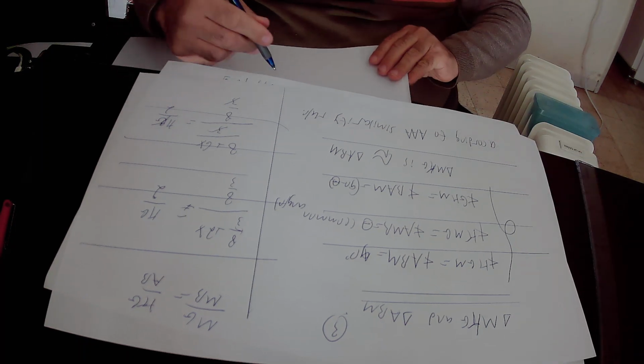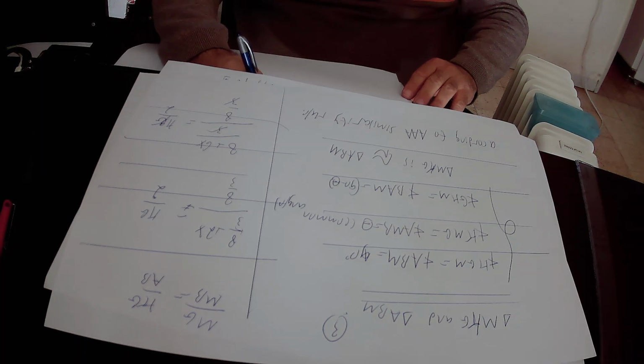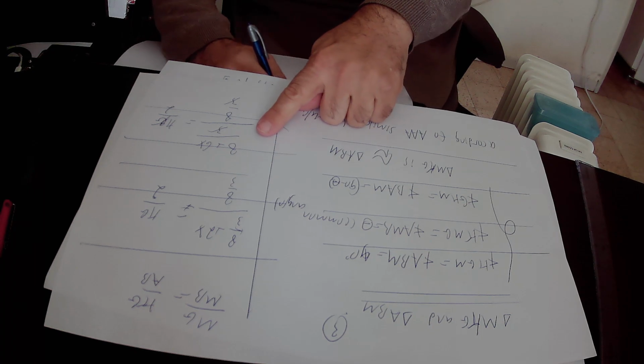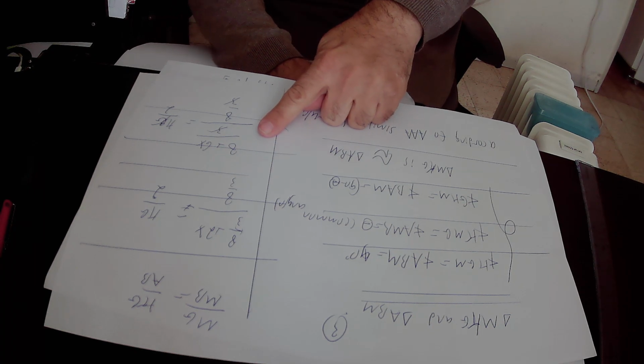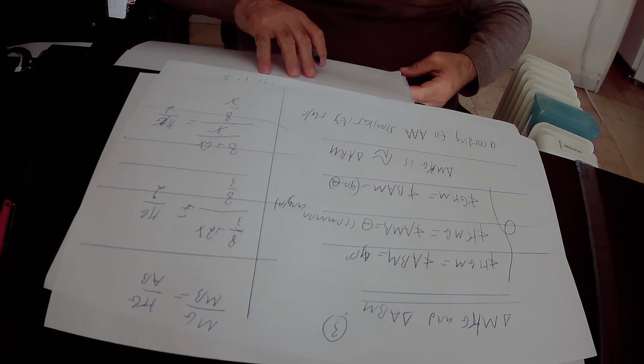And we'll actually get that after we cancel 3, we have here 8 plus 6x over 8 is equal to KG over 2. Okay.